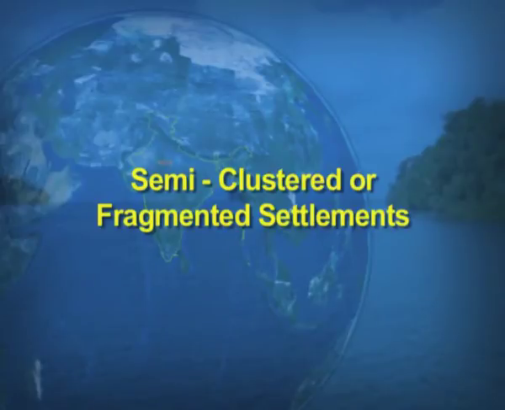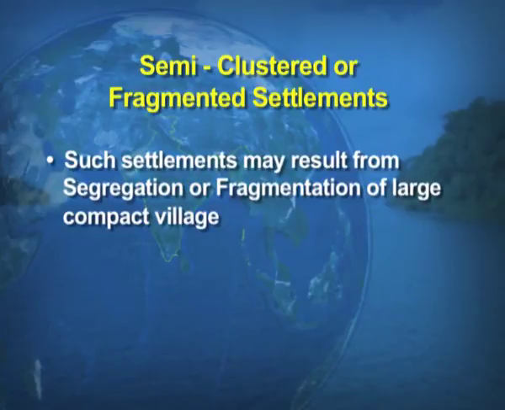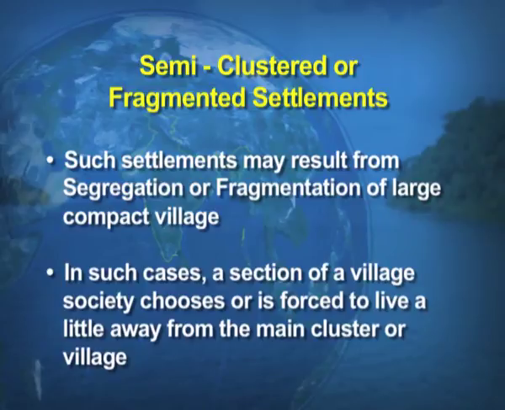Number 2 type of settlement is semi-clustered or fragmented, just opposite to the compact type. The features of these settlements are: number 1, such settlements may result from segregation or fragmentation of a large compact village. In such cases, a section of the village society chooses or is forced to live a little away from the main cluster.